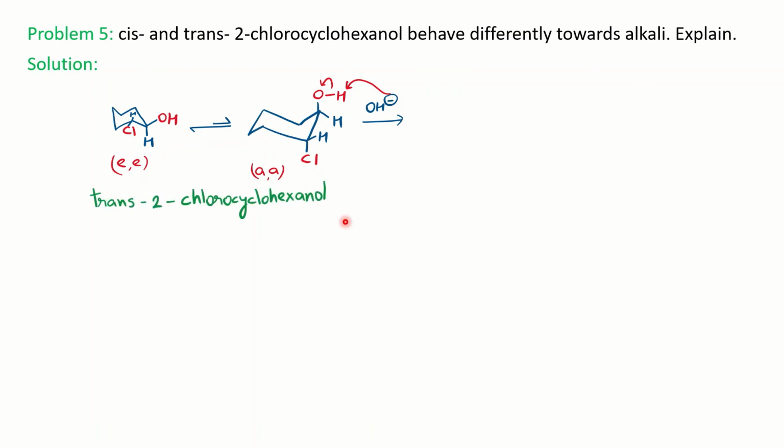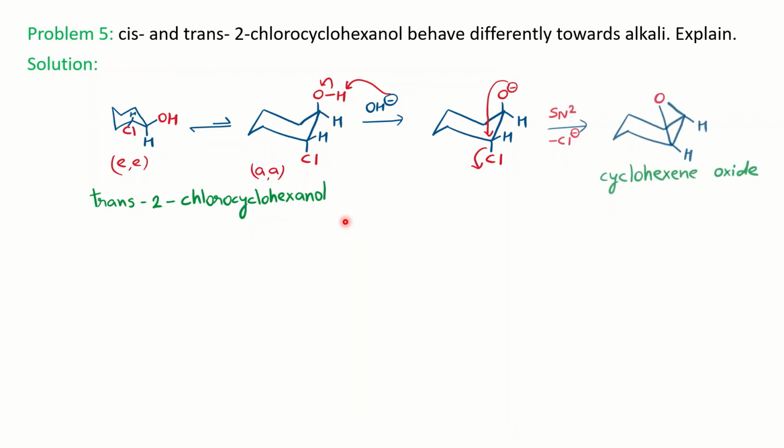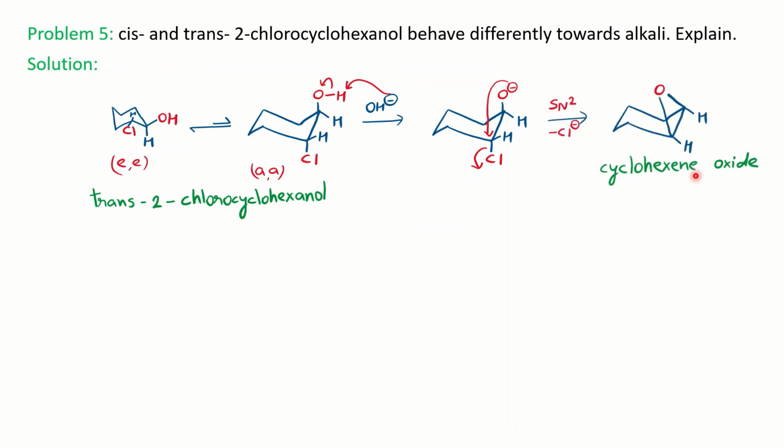Backside attack will happen to release the Cl, so you have the SN2 mechanism, and you get cyclohexene oxide here. So this is how the trans 2-chlorocyclohexanol gives you the oxide.